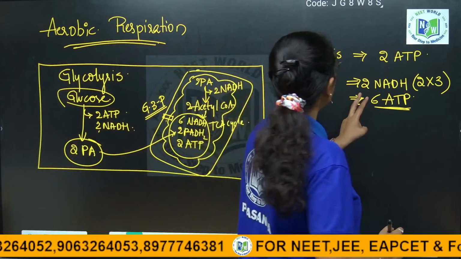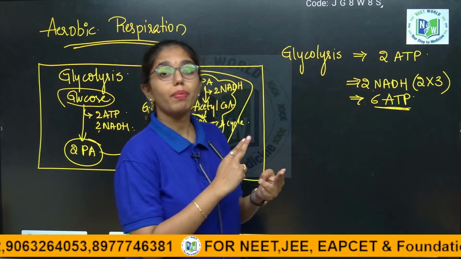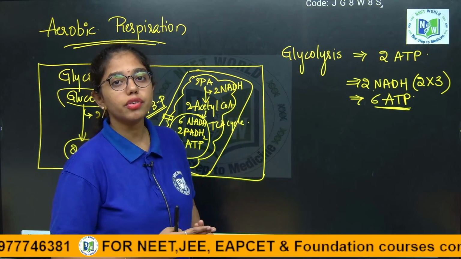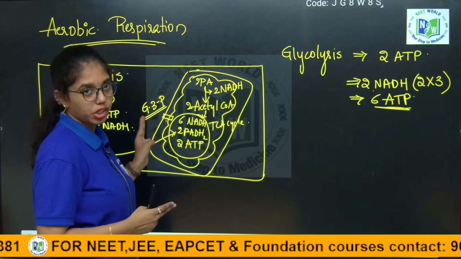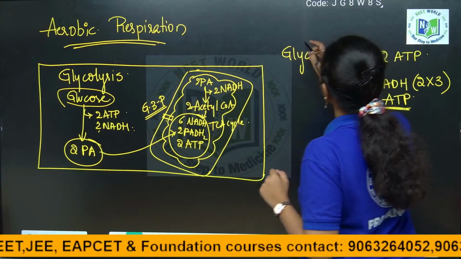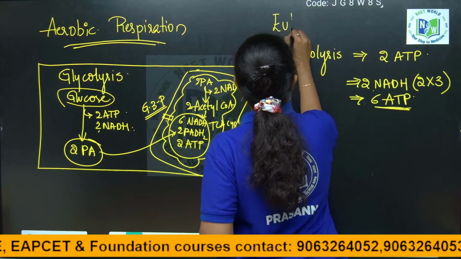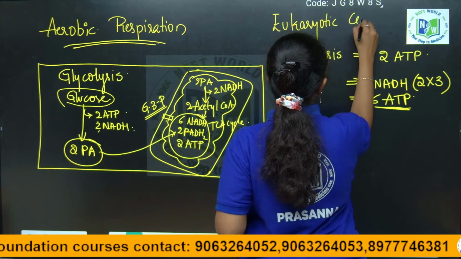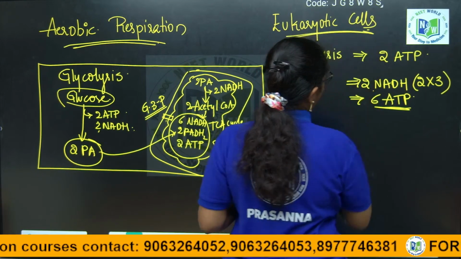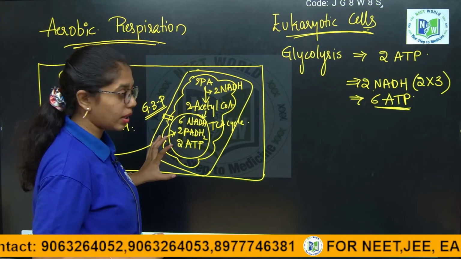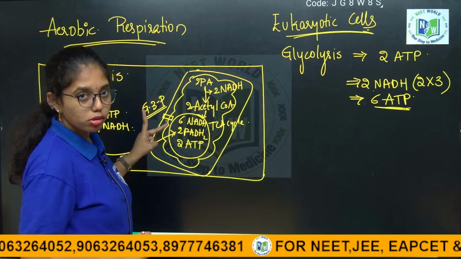To pump 1 NADH energy molecule into the mitochondrial matrix, it will utilize 1 ATP. So to pump 2 NADH molecules into the mitochondrial matrix, the shuttle system will utilize 2 ATP. So in eukaryotic cells, to transfer the energy from this NADH into the mitochondrial matrix, 2 ATP molecules are utilized.